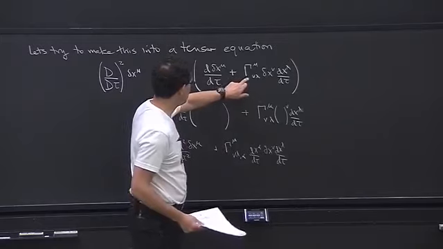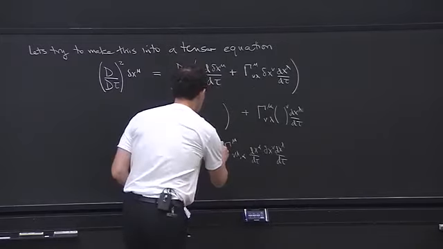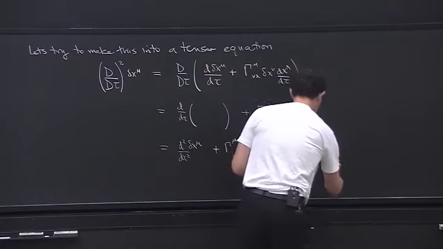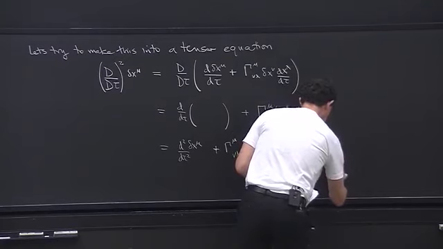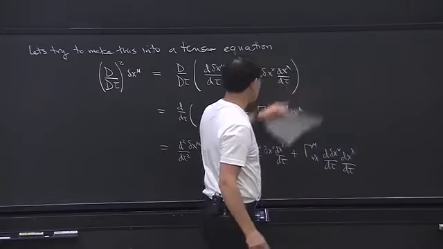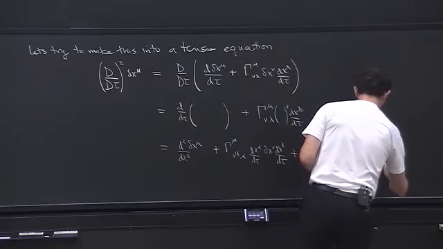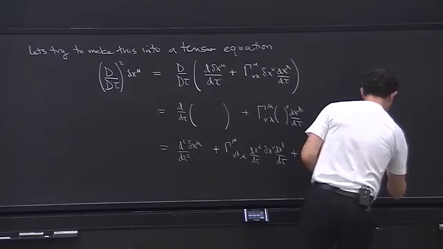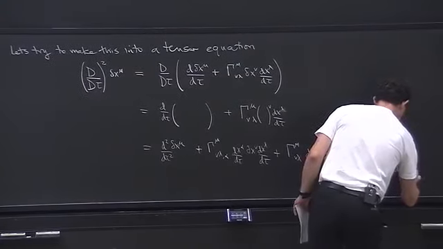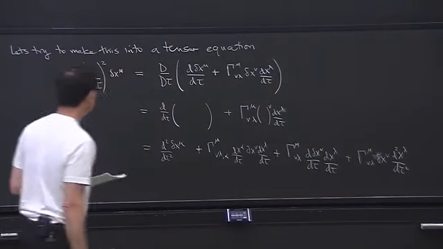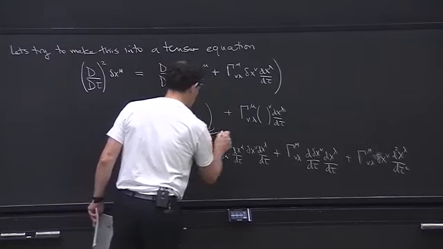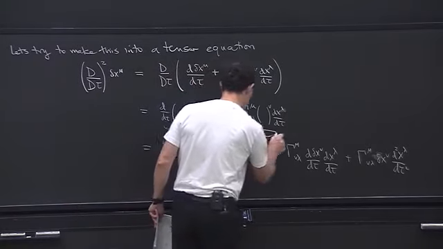Okay, so that's coming about by differentiating the gamma. Now I have to differentiate the delta x. So I have plus gamma mu nu lambda d delta x nu d tau dx lambda d tau. And then, of course, I've got to differentiate the dx d tau. So plus gamma mu nu lambda delta x nu d2x lambda d tau squared. Okay, so I've now worked out this first term. So this term is the same as these three terms.